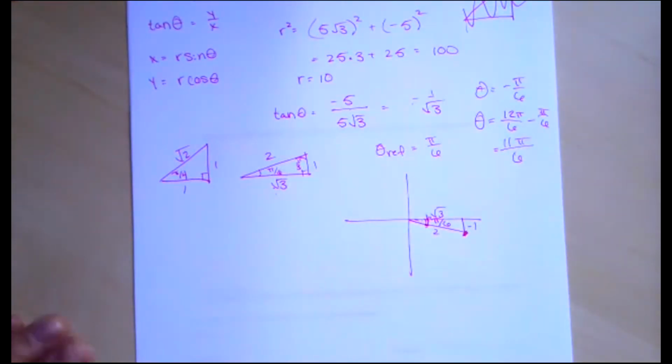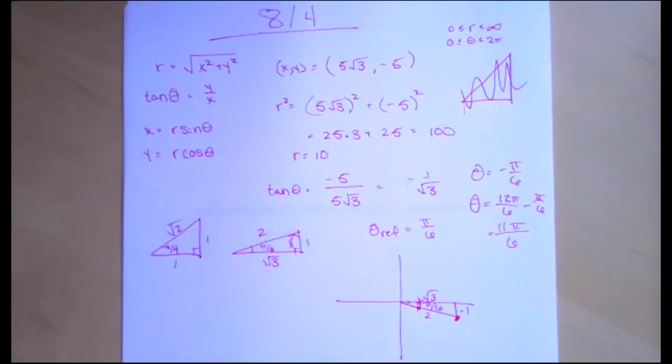So if you forget your trig, that's how I do it. That's how I count things. Useful information: the denominators are always pi over 2, pi over 3, pi over 4, or pi over 6, right?